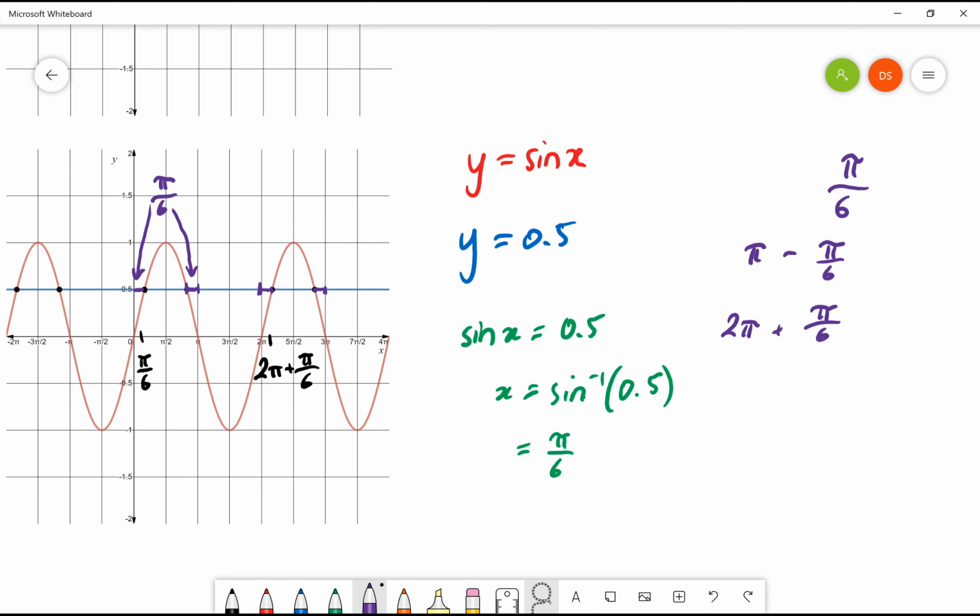That's this one here. And then the next solution is 3 pi minus pi on 6. Now, does anyone sort of see a pattern? Do you notice that I've just got 1 pi, 2 pi, 0 pi, and I'm alternating between plussing and minusing pi on 6?